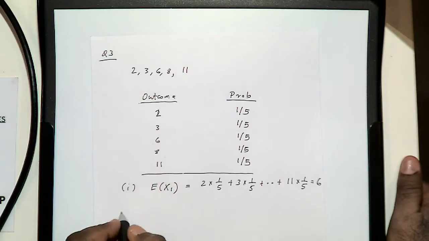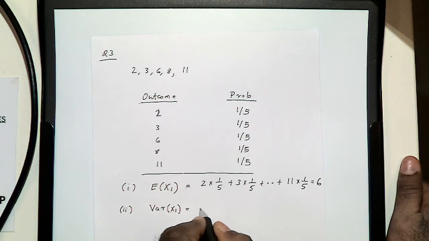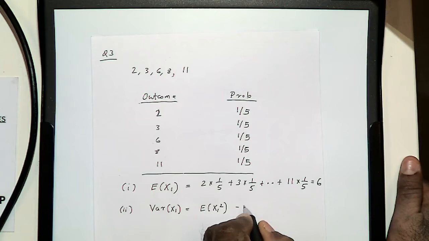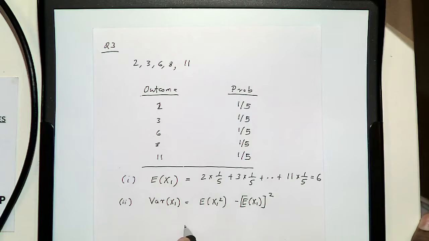The answer to the second part, which is to find the variance of x1, is the expectation of x1 squared minus the square of the mean. To find this, you will do the same thing.